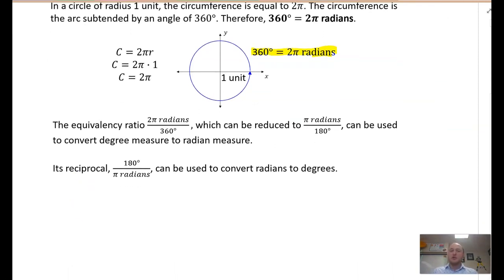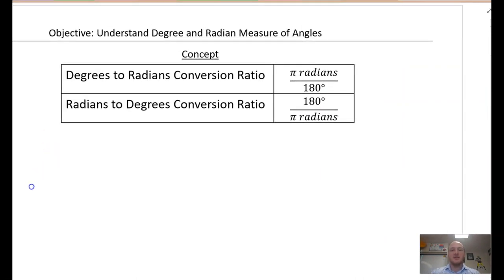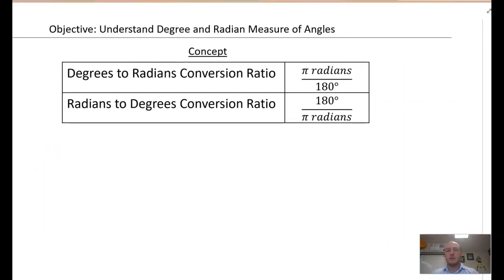If I have 2 pi radians over 360, I can reduce by 2, and we get pi radians over 180 degrees, and this is our conversion rate. So every 180 degrees, that's pi. Every pi, that's 180. So here is the main ratio that you need to remember or memorize, which honestly is pretty simple and straightforward, okay?